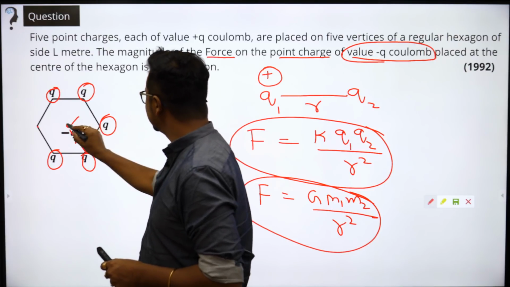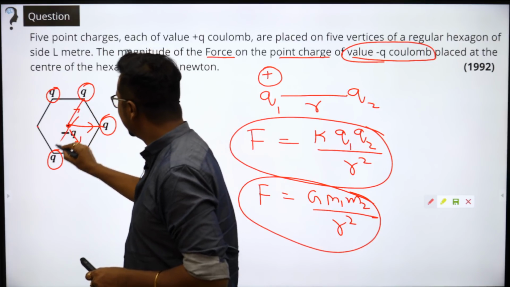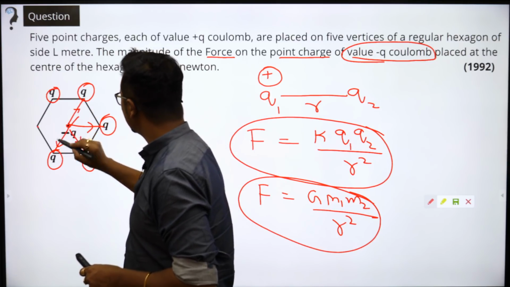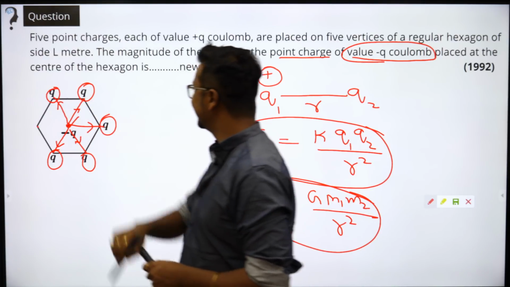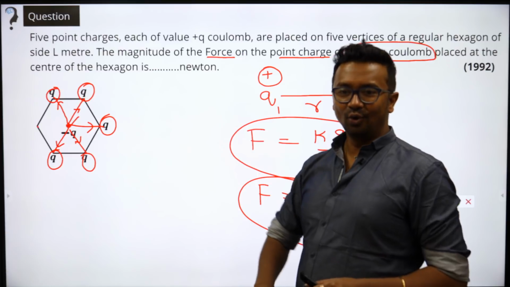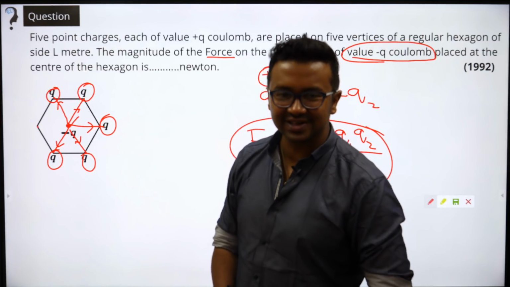There is going to be a force in this direction, a force in this direction, a force in this direction, a force in this direction, and also a force in this particular direction. So I will find out the vector sum of all these forces.